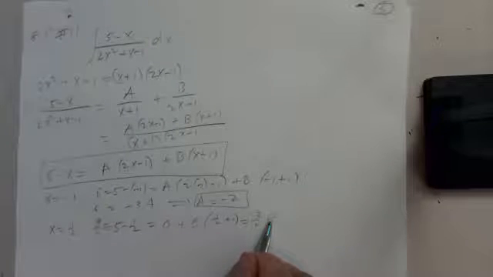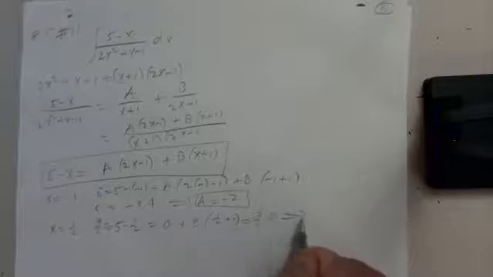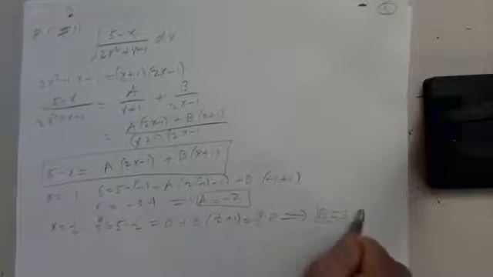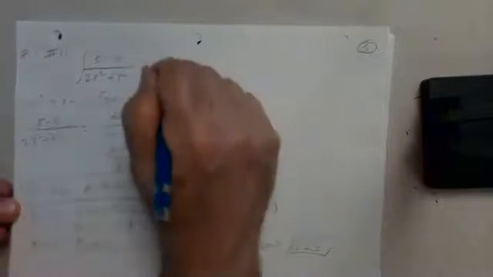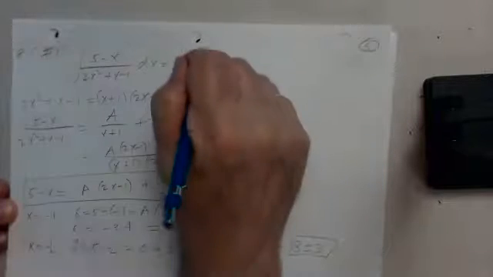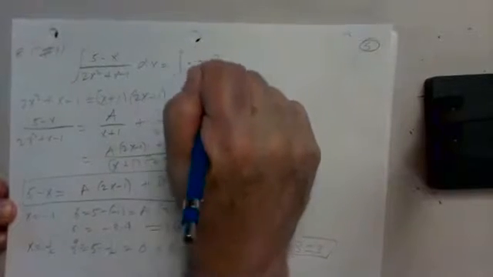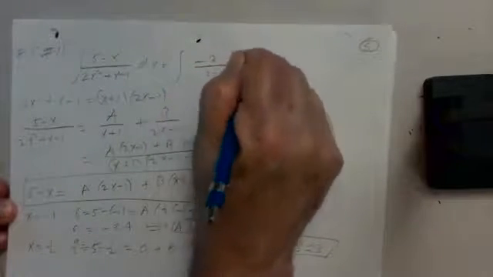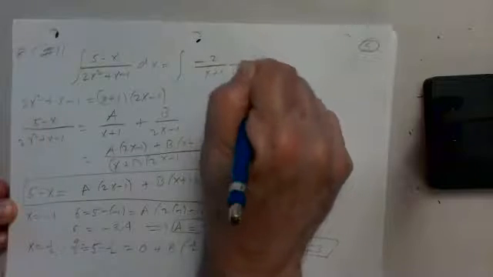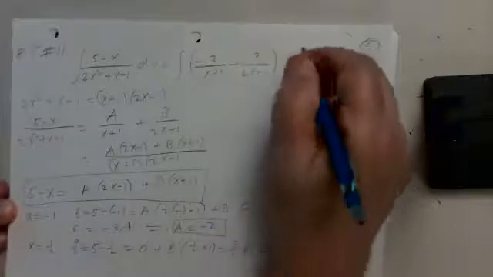So if 3 halves b equals 9 halves, that means b is equal to 3. So if I did this arithmetic correctly, this expression, what I'm integrating, is very simple. It's minus 2 over x plus 1 plus 3 over 2x minus 1.